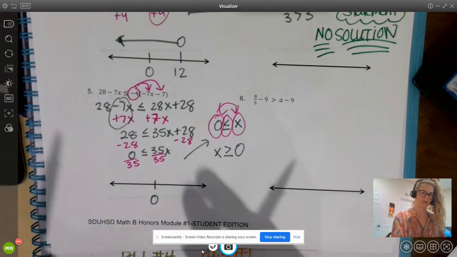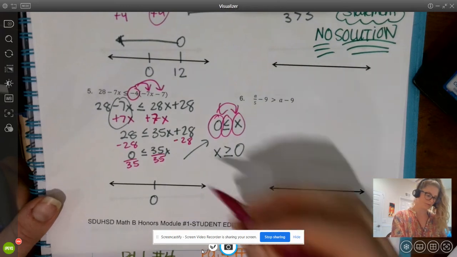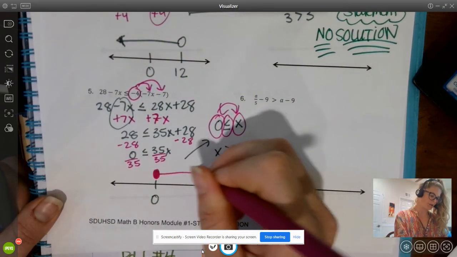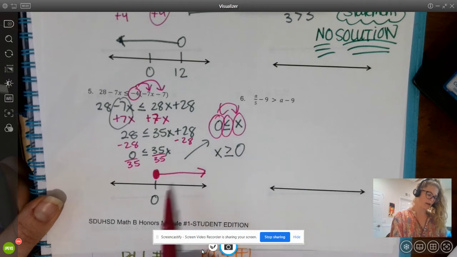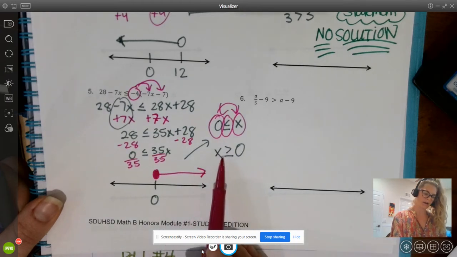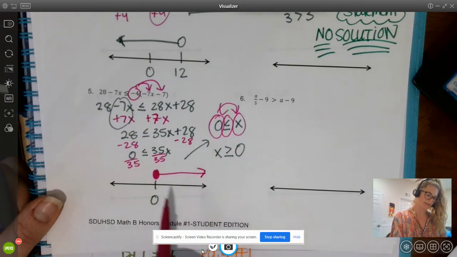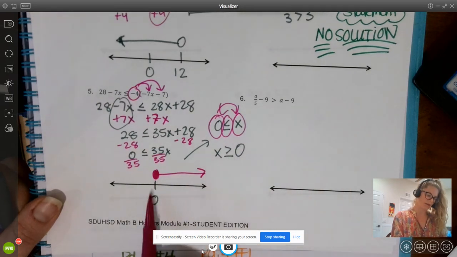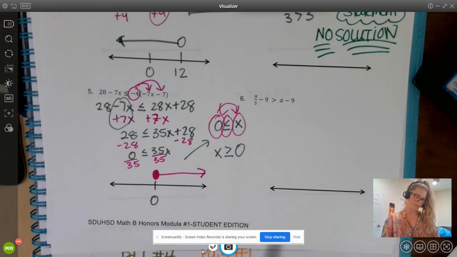So here we have 0 as our boundary number. We put a closed circle at 0 and shade to the right, because all the numbers that are greater than 0 are to the right. So x is greater than or equal to 0: 0 and all the numbers that are bigger than 0.